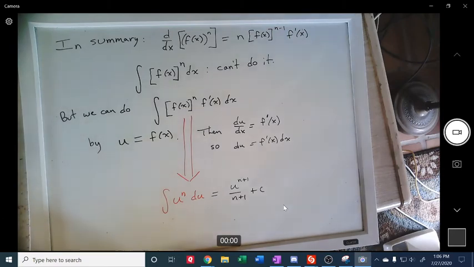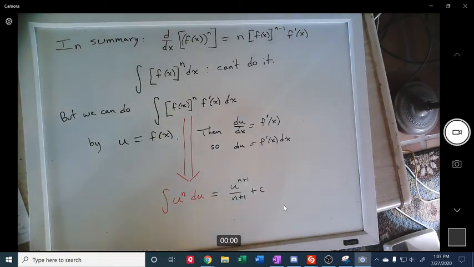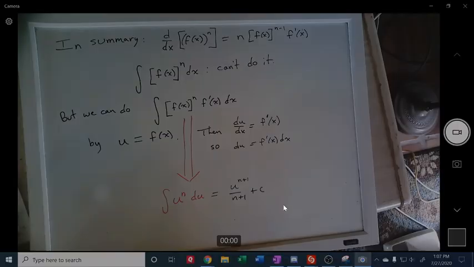Alright, let's do this problem now that we were looking at. Let me put this into the notes.